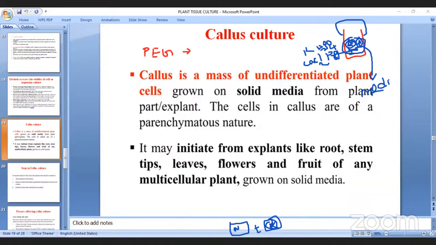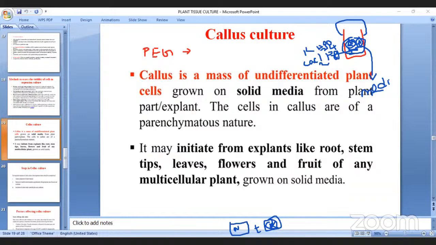Simple. The transfer of cytoplasmic male sterility from Nicotiana tabacum to Nicotiana sylvestris: these are the examples. Mainly the hybrid approach has been used for transfer of cytoplasmic male sterility. What is cytoplasmic male sterility?